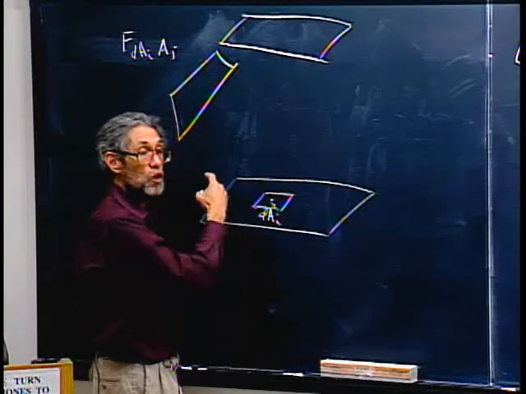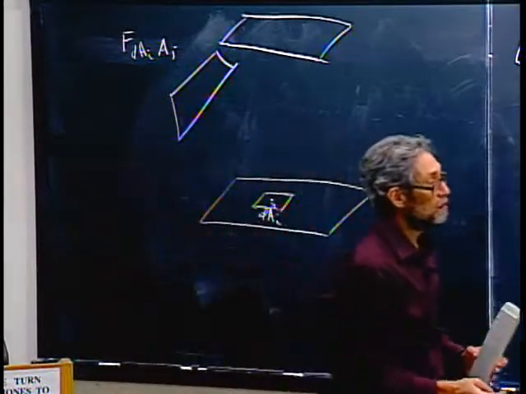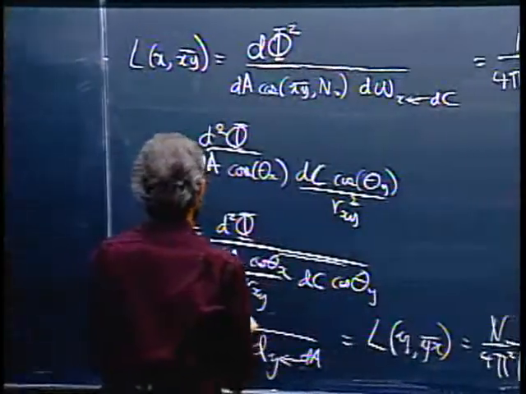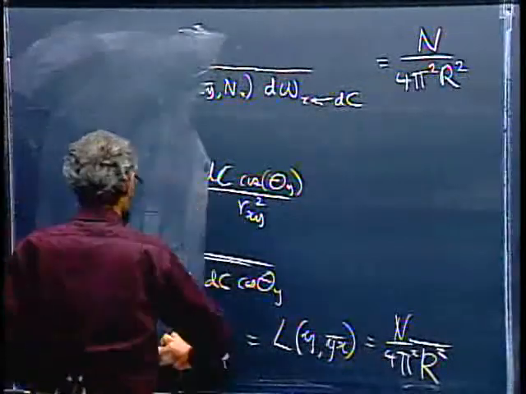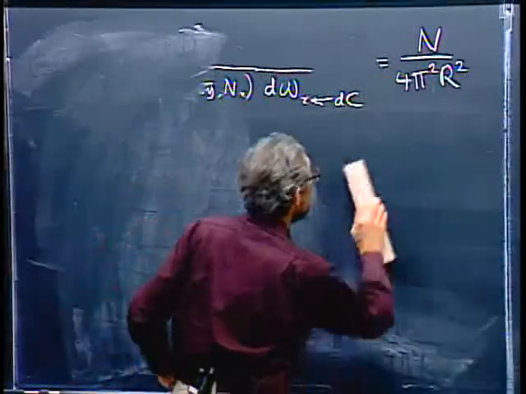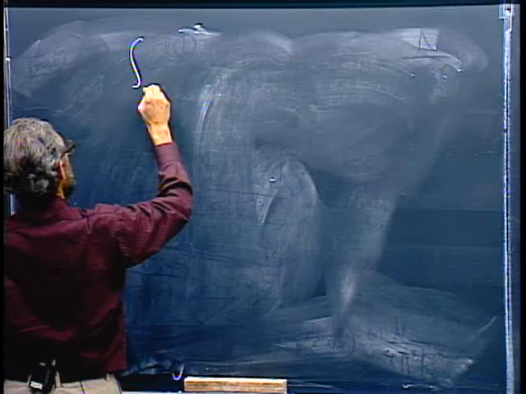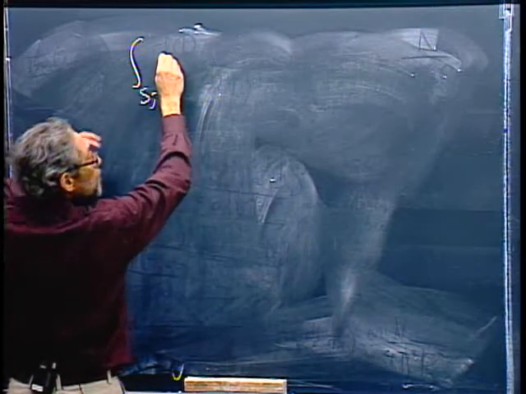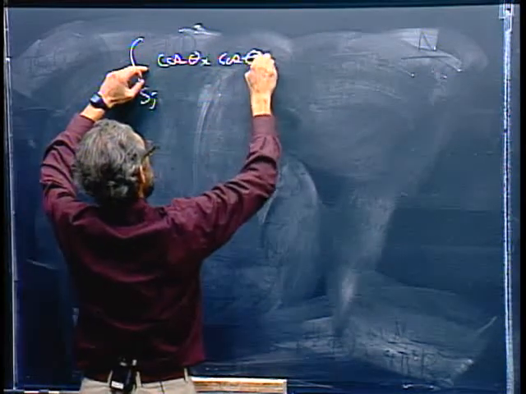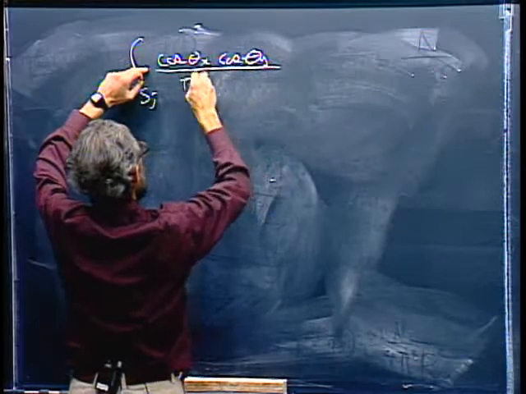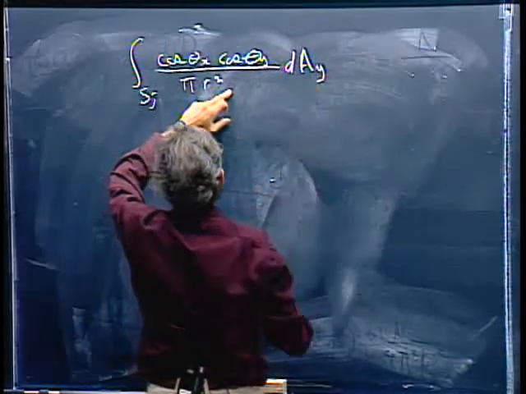And so what we're going to actually try and compute is the integral over all A_j of this product of cosine theta x cosine theta y over pi r squared dA_y.